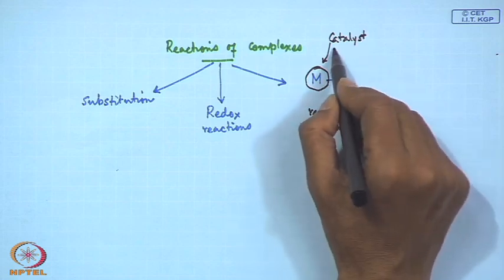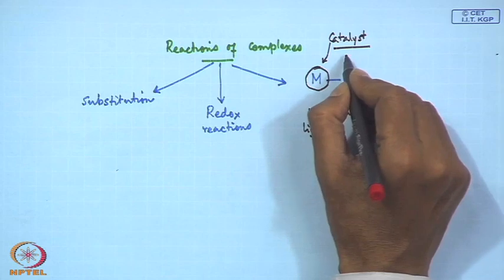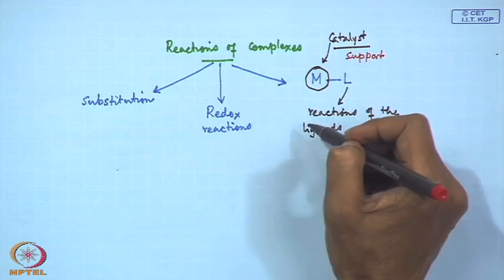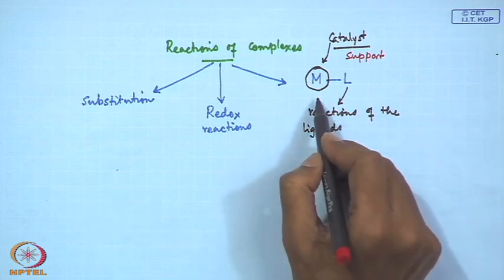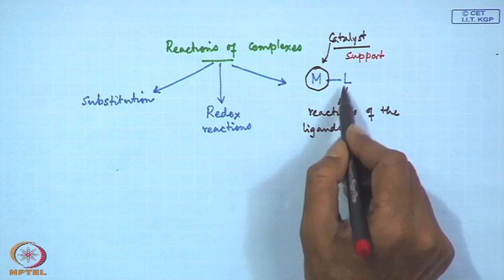If the catalyst is basically the support, some solid state catalysts are also known, and if these catalysts are good support, then on the catalyst support the ligand is coming and sitting. So, after sitting on the catalyst we can have some good modification of this ligand.